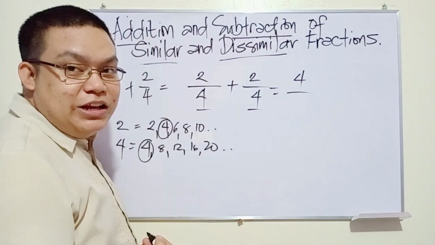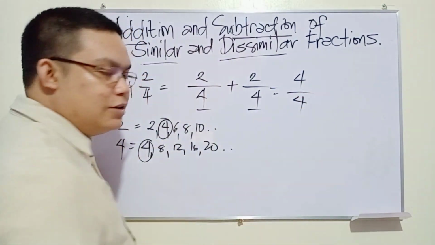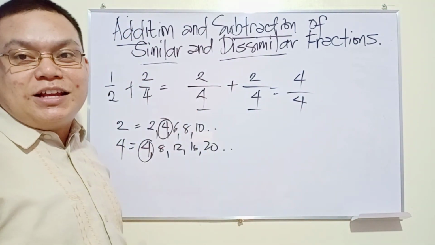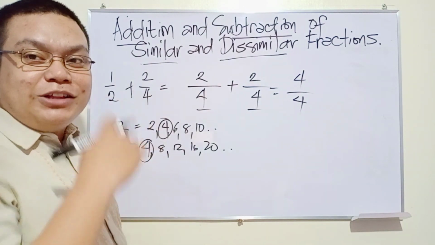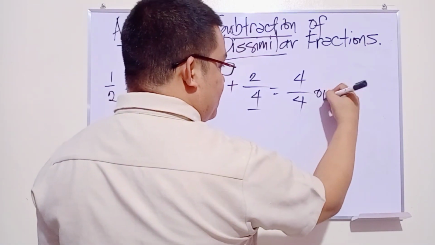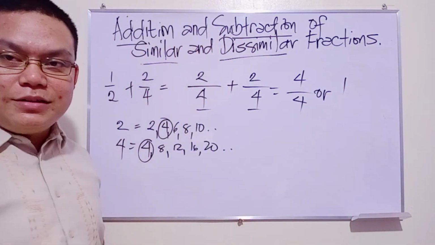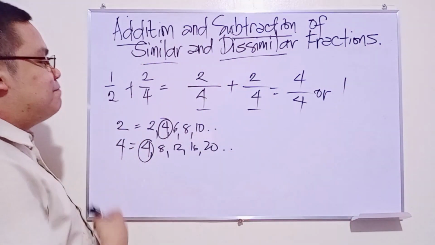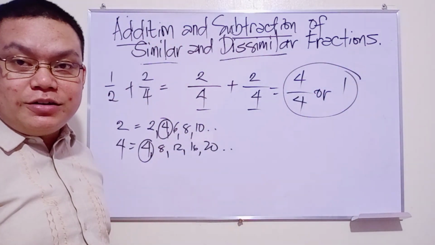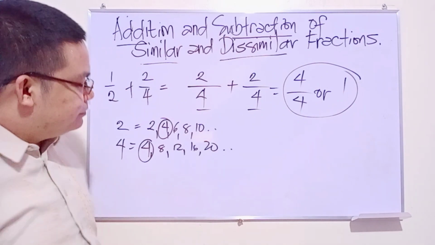Then copy the common denominator, which is 4. Ayan. Kung makikita niyo, 4 over 4. Sabi nga ni Sir kanina, if the numerator is the same with the denominator, that is an automatic 1. So 1/2 plus 2/4 is equal to 4 over 4 or 1. Another example.